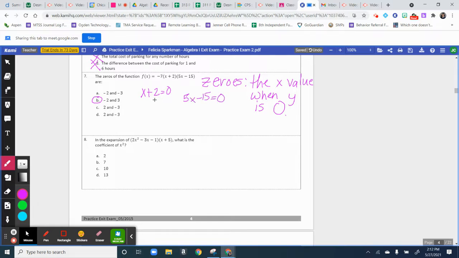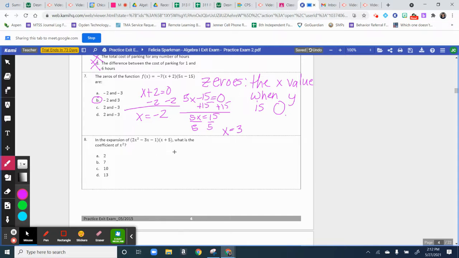And if I do that and then solve for x, right, so just solving my 1 and 2 step equations, which you all did very well with, I get the same answers. x is -2 and 3. Okay, so this is where we have our zeros. Questions? Okay.